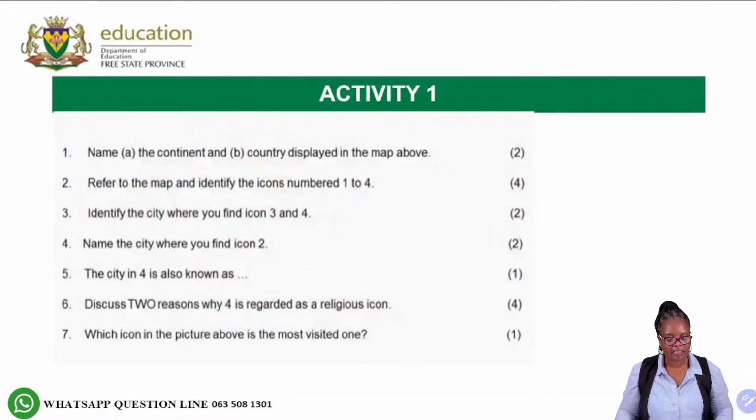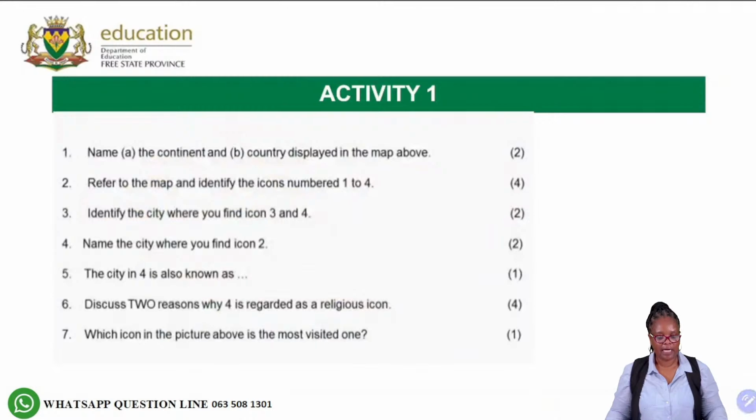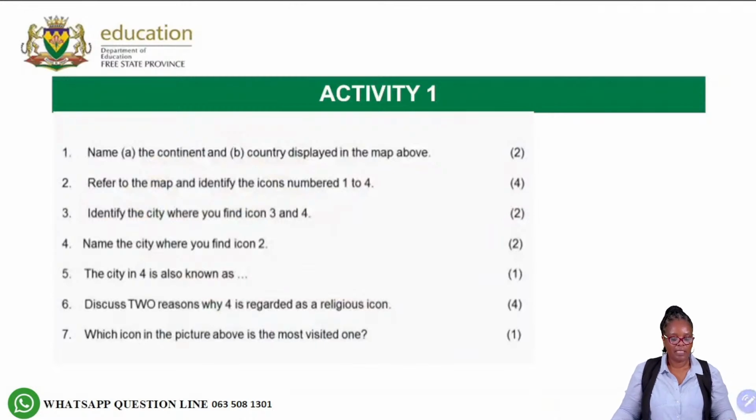So the continent is Europe, and the country is Italy. Number 2 says refer to the map and identify the icons number 1 to 4. Already we have done that. We have identified Venice, the Leaning Tower of Pisa, the Colosseum, and lastly the Vatican City. That's one that we have done.